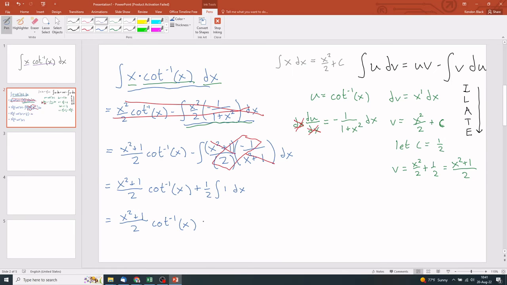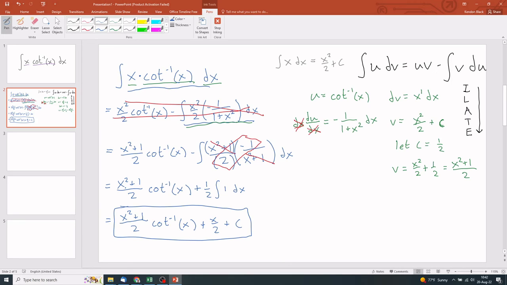And it's an indefinite integral, so at the end we add the parameter c, where c is any real number. So final answer: the integral of x times the arc cotangent of x dx evaluates to x squared plus 1 over 2 times the arc cotangent of x plus x over 2 plus c.